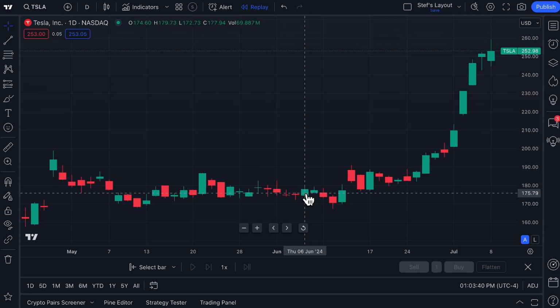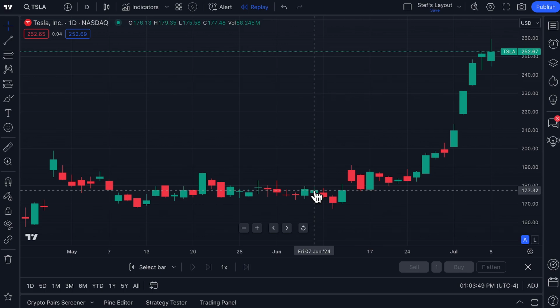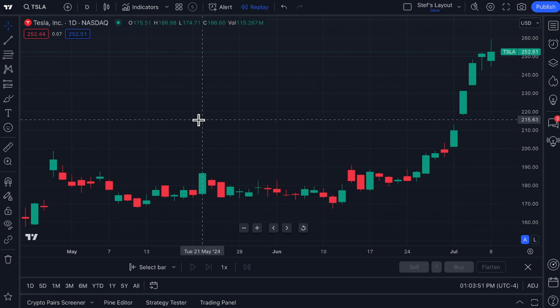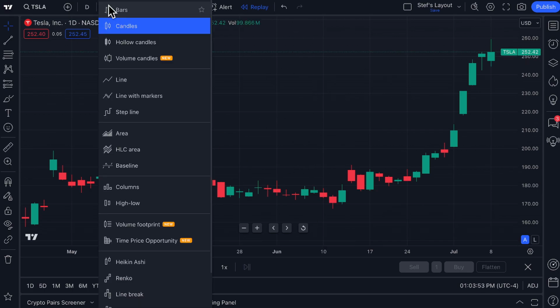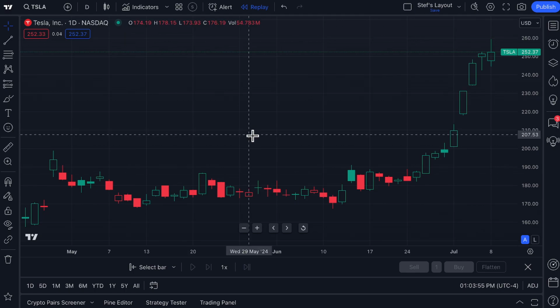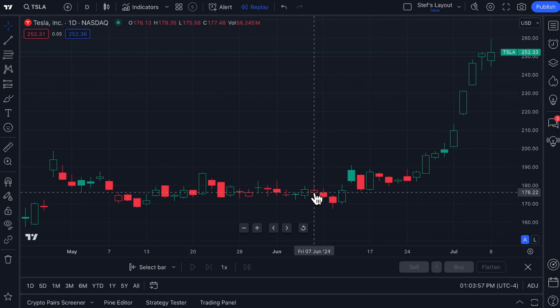So let's look at these two candles here. On this day, Tesla on a regular candlestick chart opened at $176 and it closed at $177. Now, all of us would think of that as a green candle, up on the day. But if you go to hollow candles, it's actually a hollow red candle, because even though it closed up on the day, it's still below yesterday's candle.